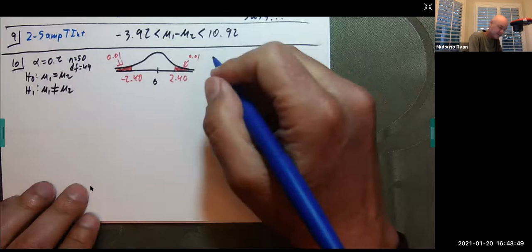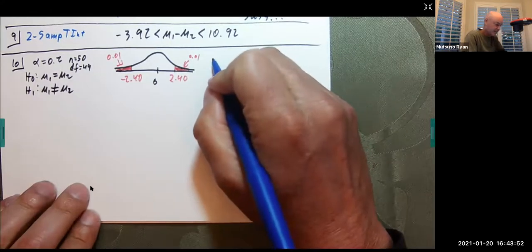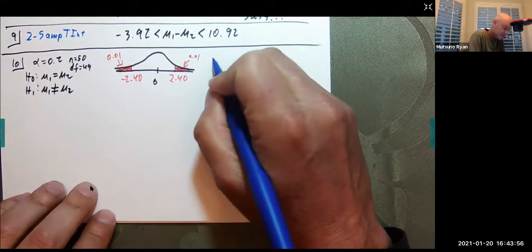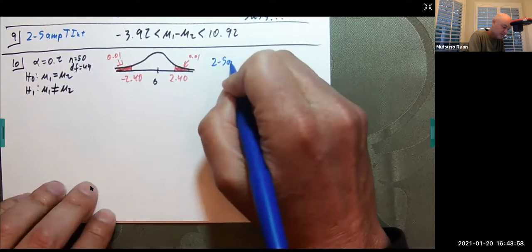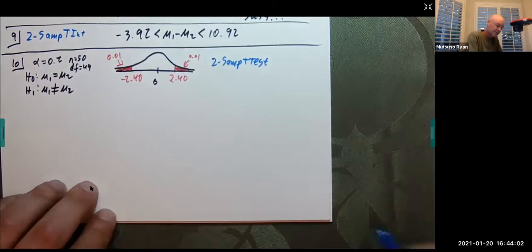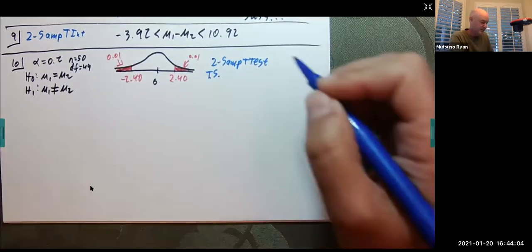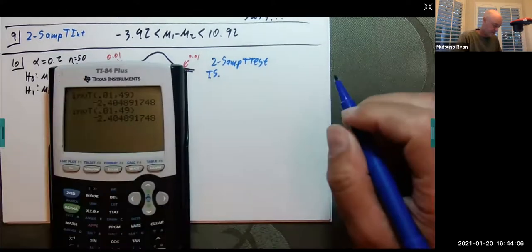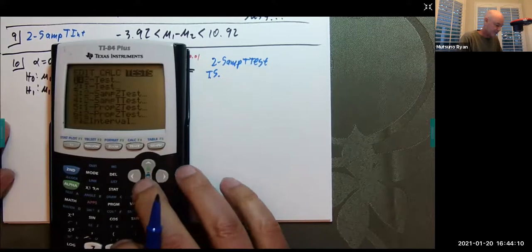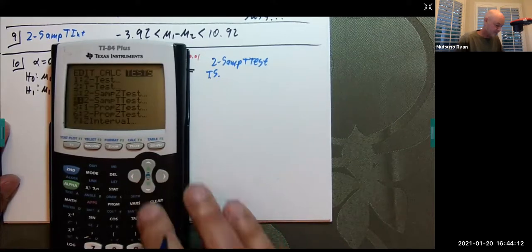And our test statistic, again, I'm going to run a two-sample t-test. So our test statistic is going to be calculated here. This is stat, two-sample t-test is here.